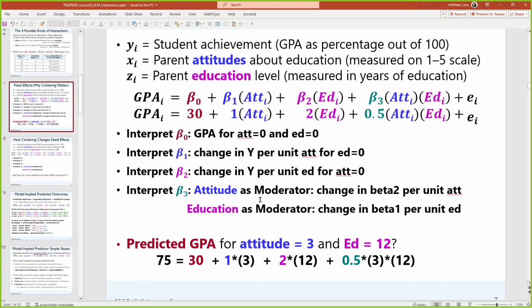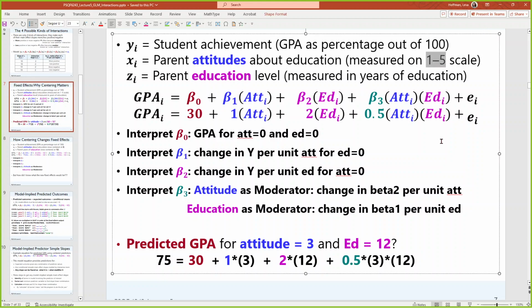So I get that attitude can't be 0 because our scale is measured from 1 to 5. Right, attitudes cannot be 0. In our sample, are we assuming that years of education, like high school, is the lowest that we have? I meant it literally in years, so 12 would be a high school degree. So 0 would be no education at all.